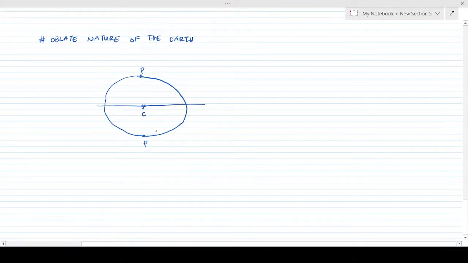From the center to the equator, the distance to the surface of the earth will be the radius of the equator. Then the distance from the center to the poles of the earth will be the radius of the pole. If you look at this very carefully, the radius at the equator is greater than the radius at the pole.